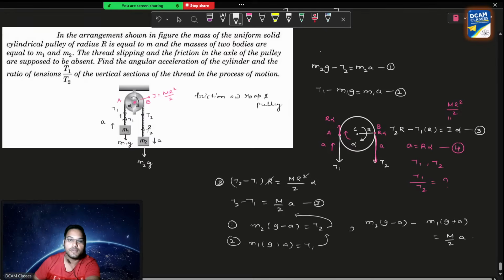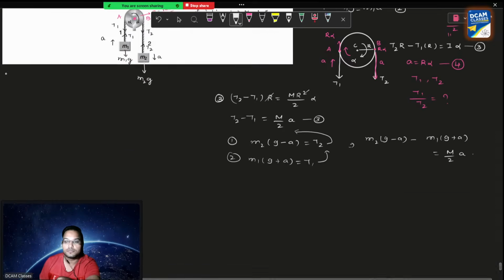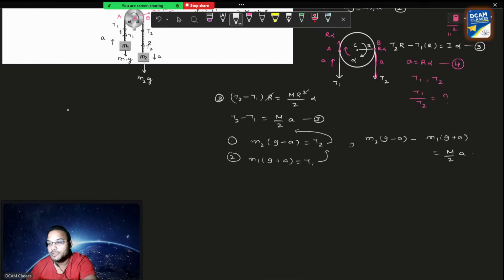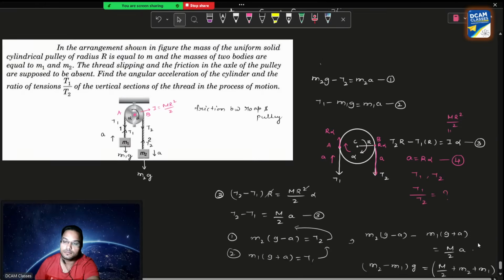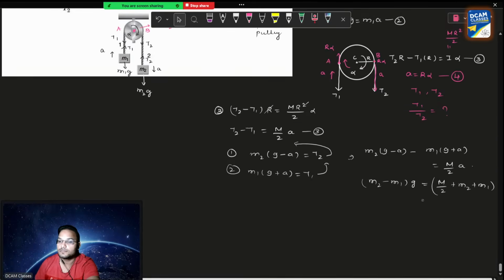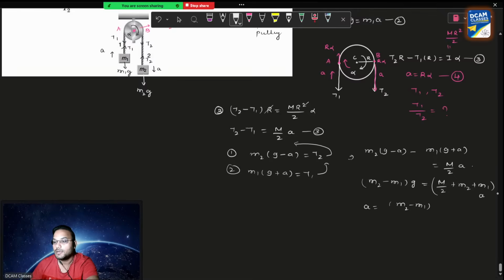So you'll get the value of acceleration, which is (m2 minus m1) into g is equal to (m by 2 plus m2 plus m1) into a. We've got the value of a. This is (m2 minus m1) into g divided by (m1 plus m2 plus m by 2).